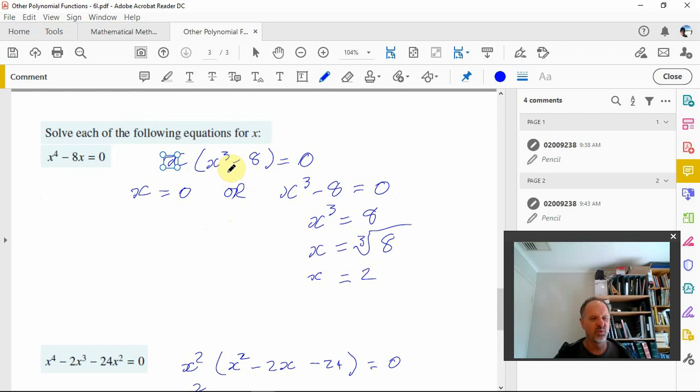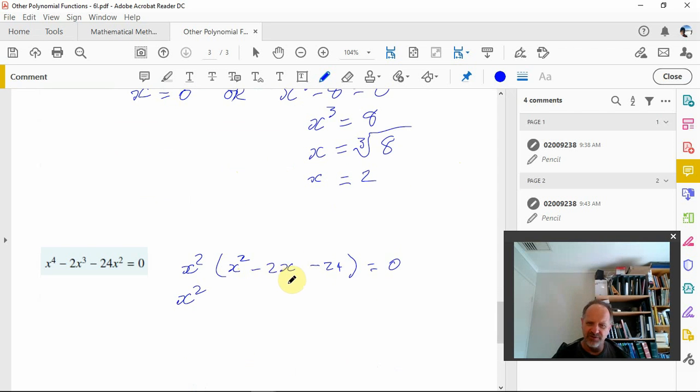I could have, but because there's no x term in there, it's just as simple to go and do your solving. You could try and factorise that, but you end up with this answer anyway. Because there's no other x terms, it's just the cubic and the 8, the simplest, most time efficient is to do what I've done here.